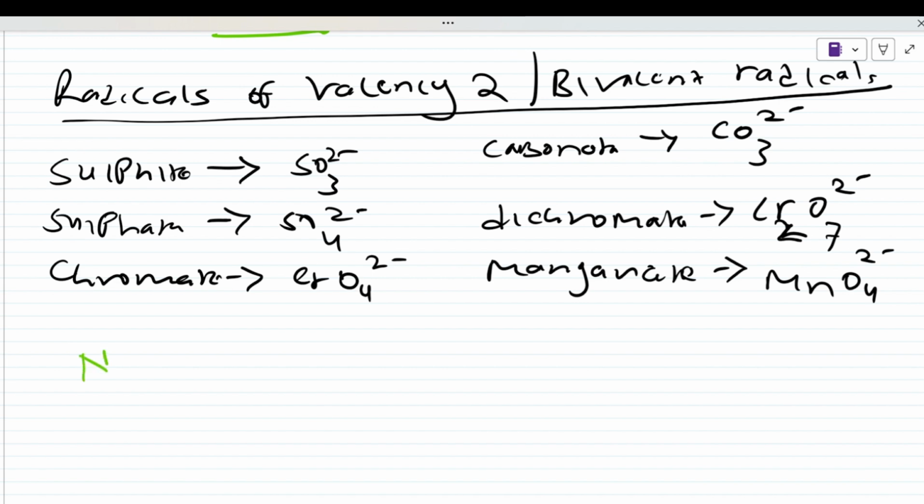I can have sodium, Na, solid, reacting with sulfate, SO4 2 minus. Because sodium is in group 1 and sulfate has 2 minus, they'll interchange.